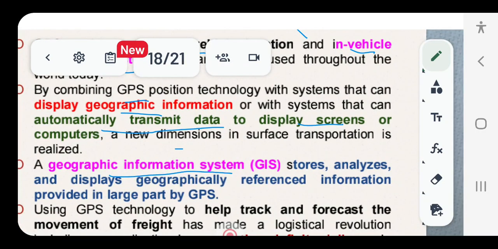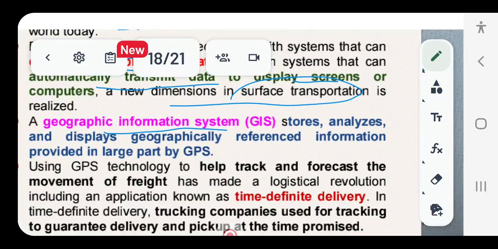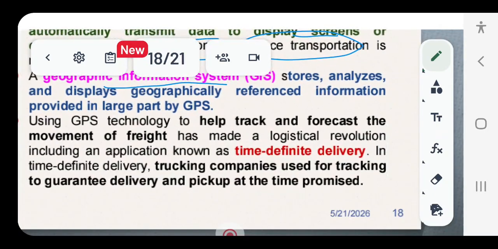That is the new dimension in surface transportation. And using GPS technology, you can help track and forecast the movement of freight, and time-definite delivery is possible. Time-definite delivery means the trucking companies will be able to track the trucks to guarantee delivery and pick up at the time promised.